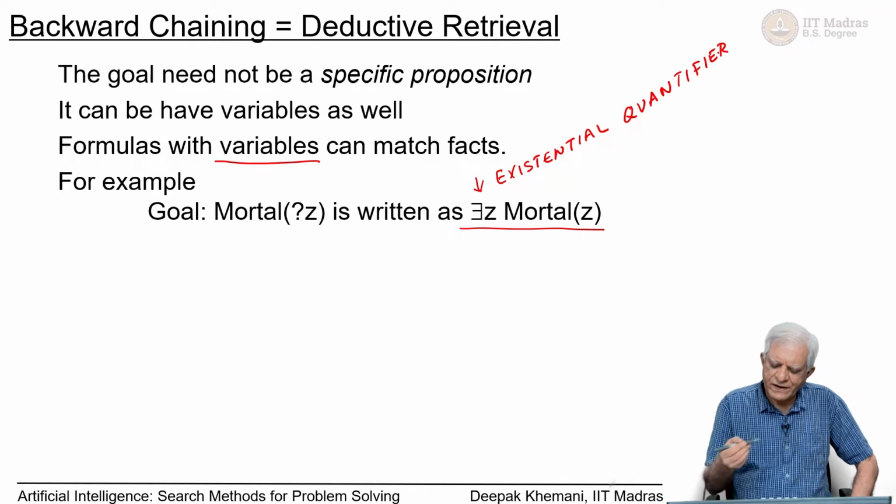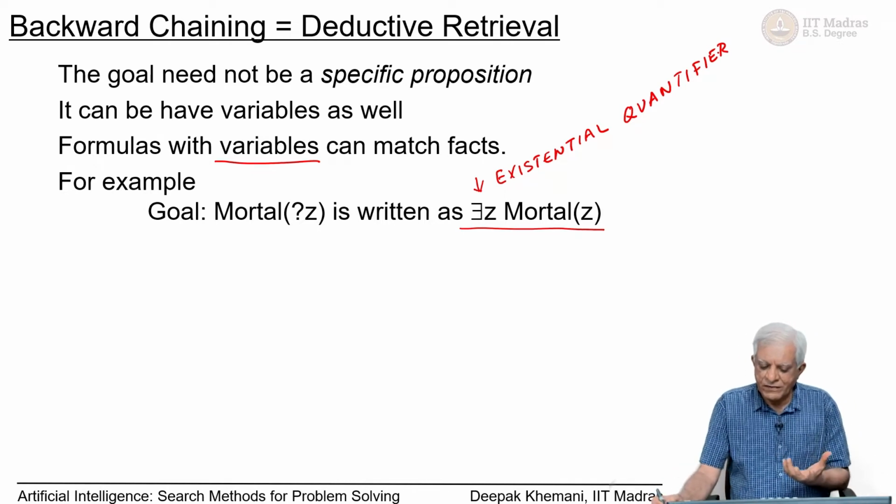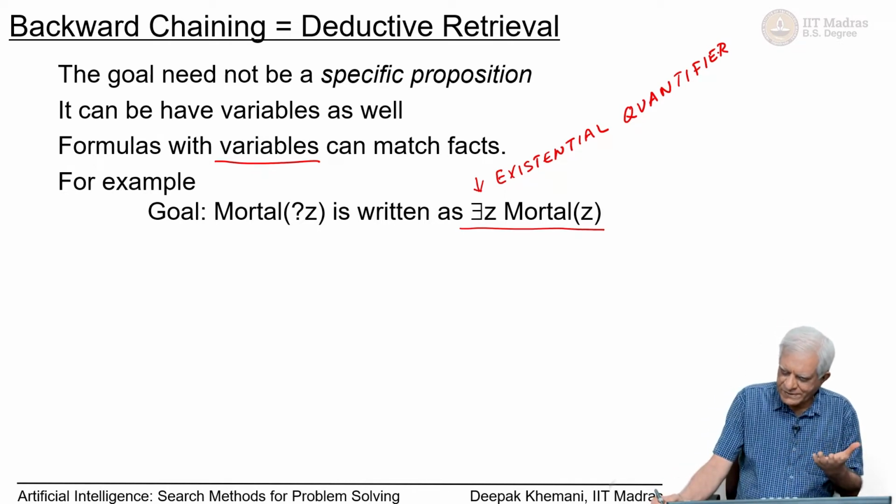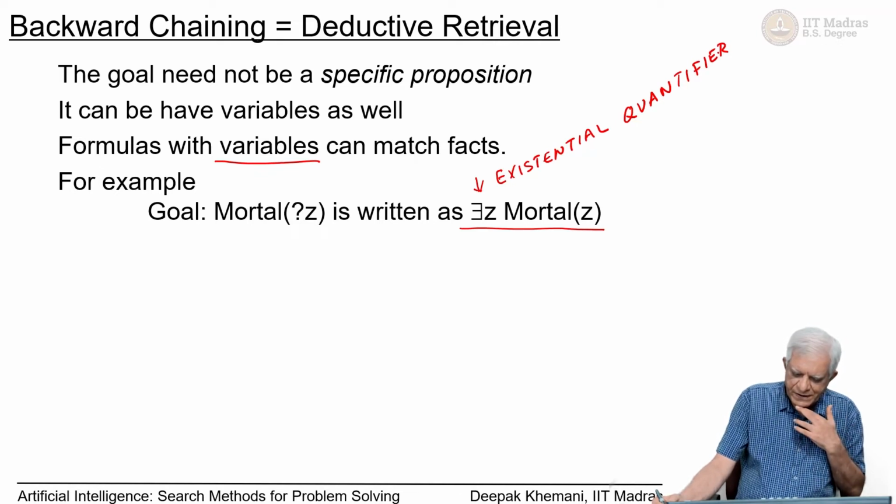It basically quantifies the variable. Existential quantifier says that there is something called Z, this Z maps to something in the domain, and that something must be mortal. Universal quantifier says that for everything in the domain, if X is a man, then X is mortal. So, that was a universal statement.